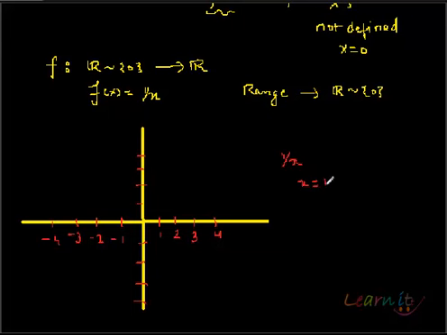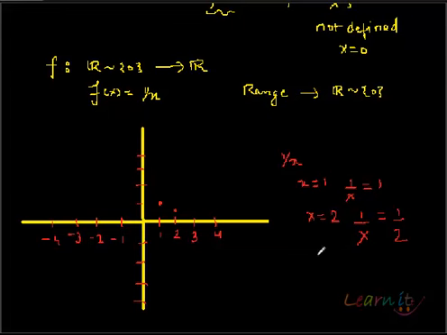Let us give some x value. So x is 1, that would mean that 1 by x is 1, right? So at 1, 1 is the point. And then what happens when x is 2? f(x) is actually 1 by 2. So y is 1 by 2. So it is becoming smaller.